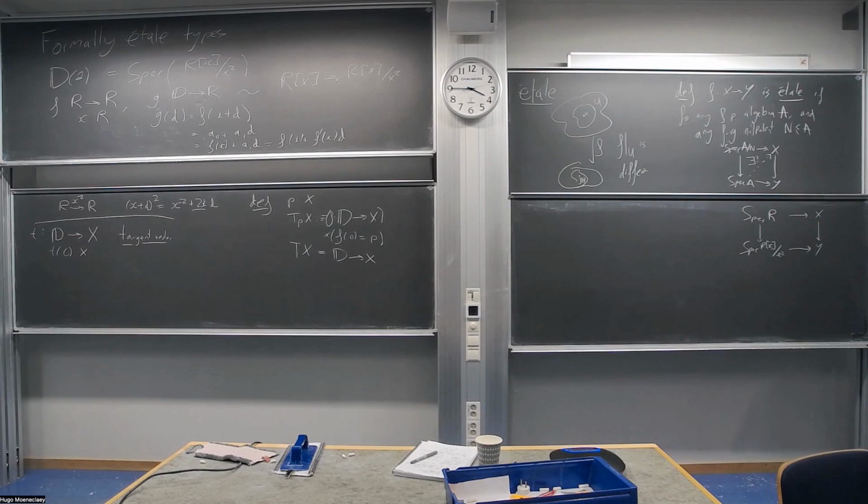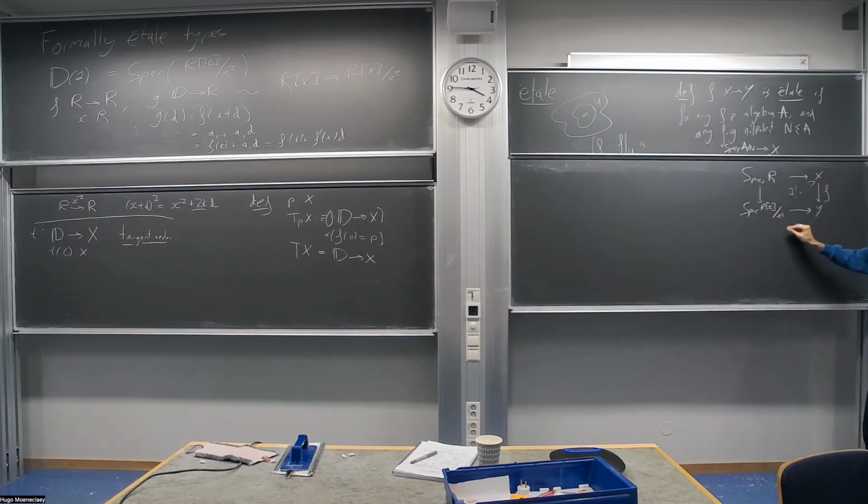Then this is quotienting by the ideal (x) in here, which is nilpotent. And so if this map is étale, then for any square like this, there should be a unique lift here. What does this say intuitively? For any tangent vector in Y, and any lifting of the base point of this tangent vector, there is a tangent vector in X. So in fact, we get an isomorphism of tangent spaces this way.